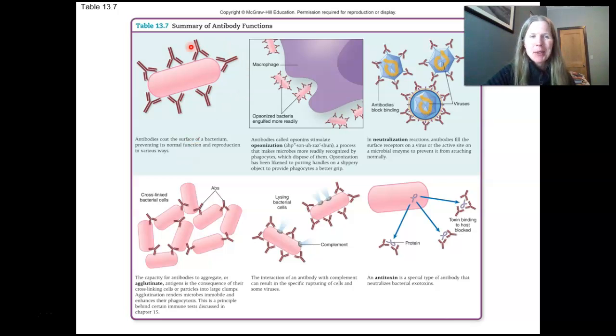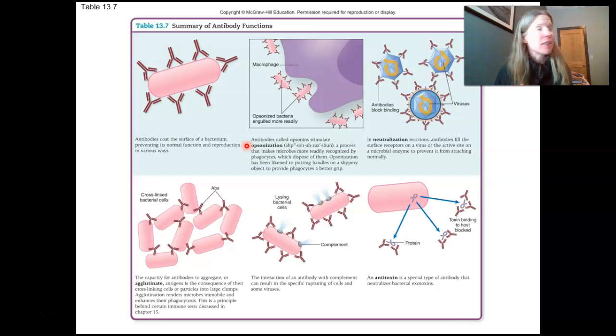The other thing that happens when this bacteria is totally coated in antibodies is it makes it easier for the macrophage to engulf it. This is a process called opsonization, where it's almost like putting little studs on the outside of our bacteria so that when the macrophage tries to engulf it, it's easier to hold on.